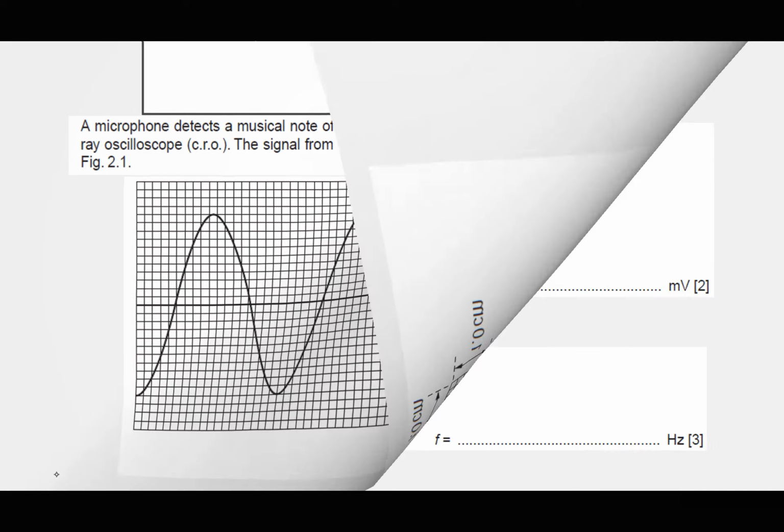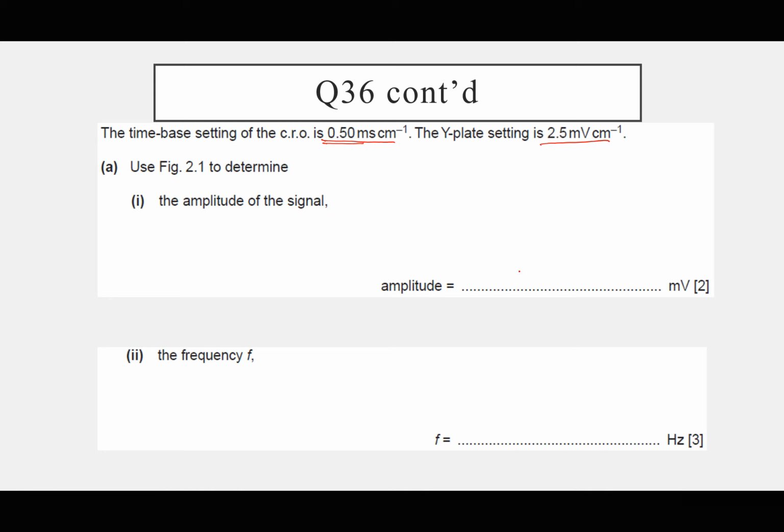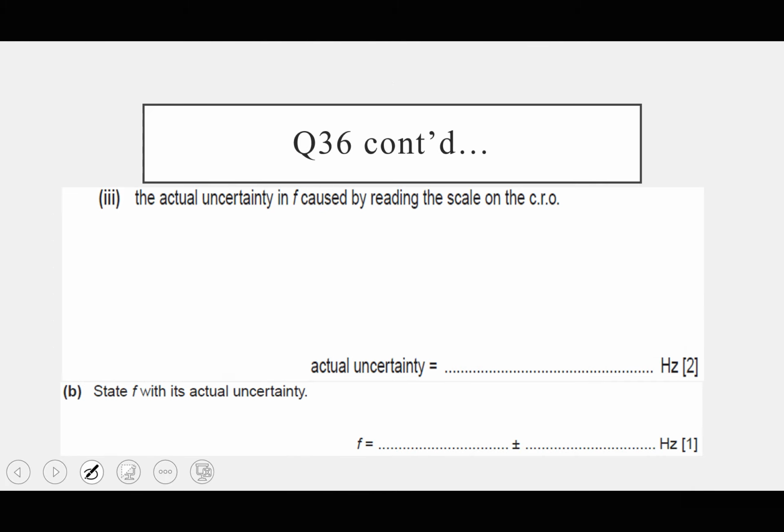So the amplitude is 5.5 millivolts and the frequency is 526.3 hertz. But that was not my area of interest. We are interested in the actual uncertainty in F caused by the reading.